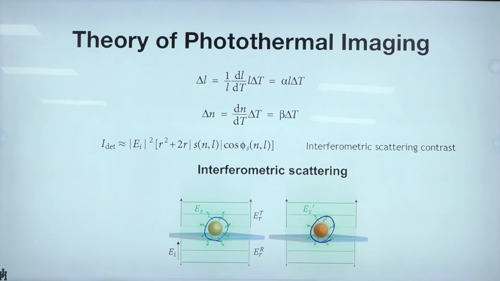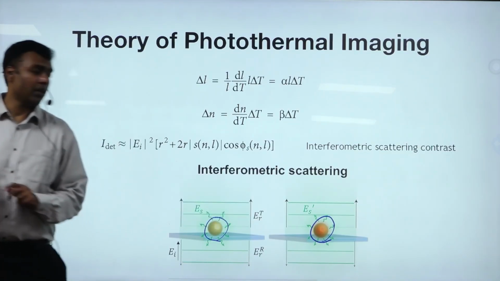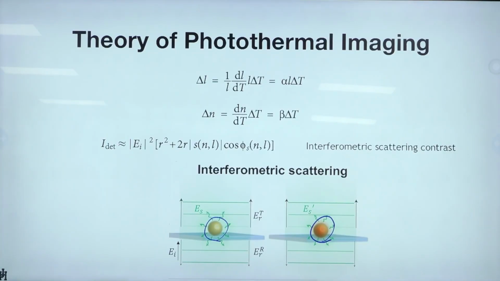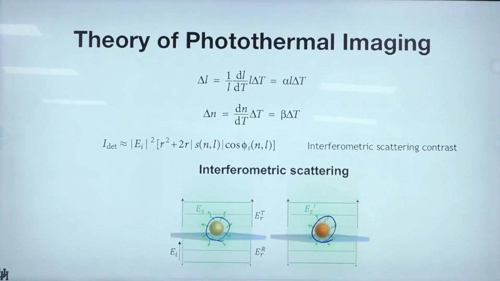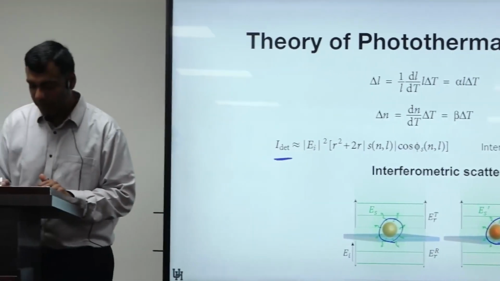Initially, without the mid-infrared light on, the sample has a certain shape. When you have the light on, there is a small change in shape in the sample. So what you do is make an interferometric measurement.